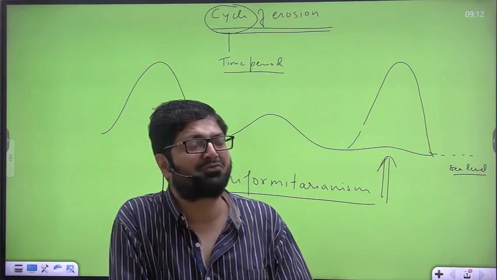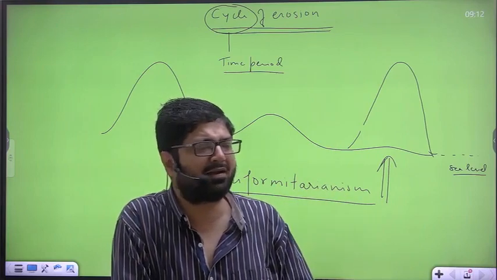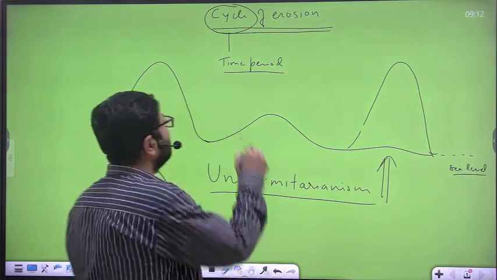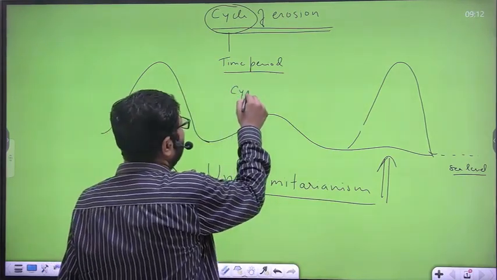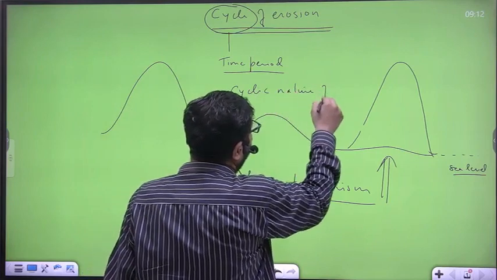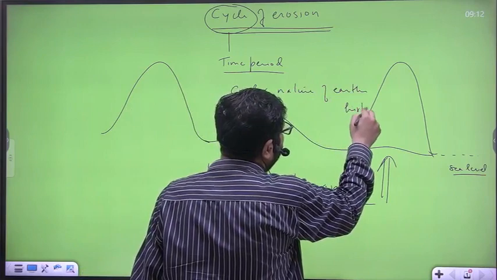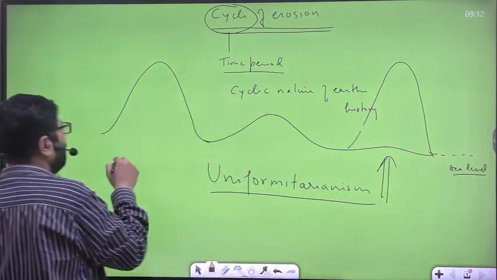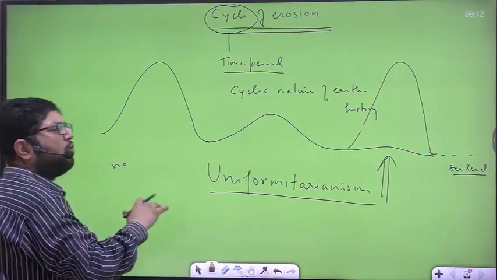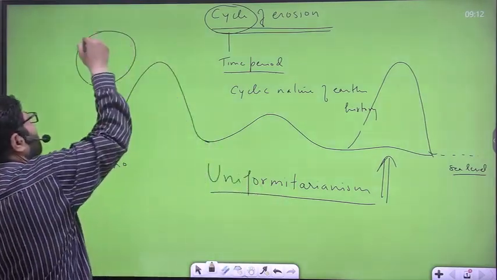The concept of cyclicity, it is cyclic, was propounded by Hutton. He gave the concept of cyclic nature of earth history. No vestige of a beginning, no prospect of an end. मतलब सब कुछ गोल है, the same process continues.